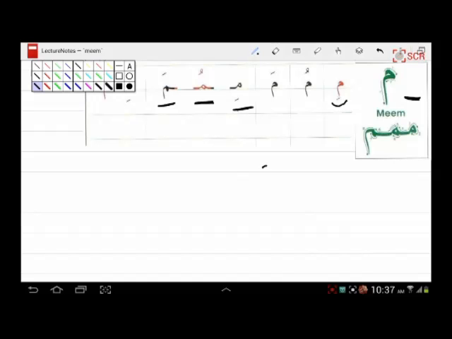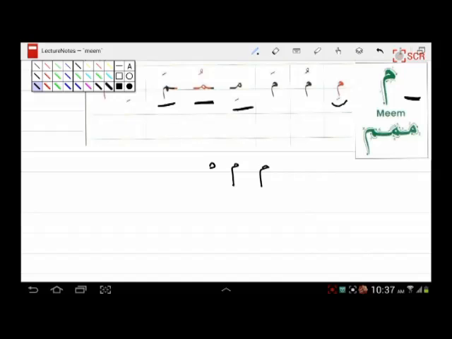So you make this, right? And then you get back to, you're not on the line yet, but you try to make a small line or a small curve, and then make a long stick. So what you do, that's the meme.